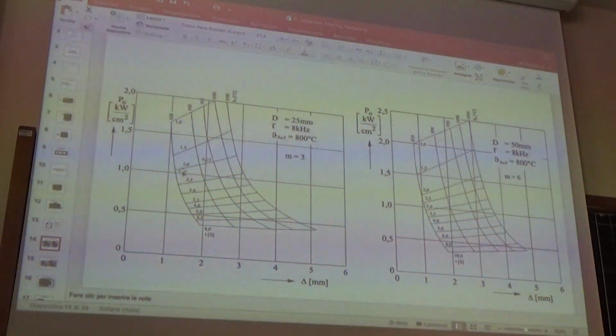But they aren't the same material. Same material, yes. Why the temperature? AC3 in both cases, I don't. AC3 is the same, we are changing only the diameter. Okay. So these are some useful diagrams that can be used for the design properly of the parameters to be chosen for the hardening process.